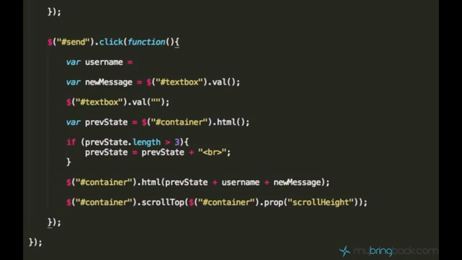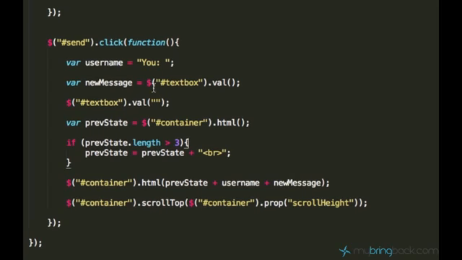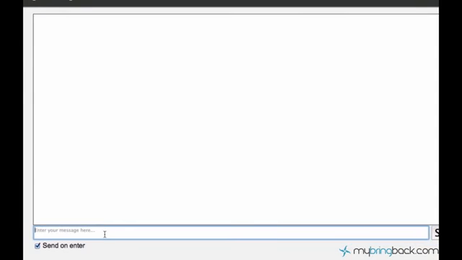And for now let's just set it to u, like this. Now the variable is defined, and we should have this username u before every message. Let's try. Hey. Yeah, it's saying you and hey. But we are not really satisfied with that.